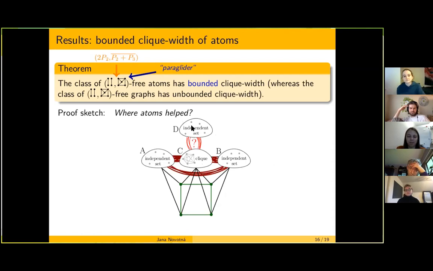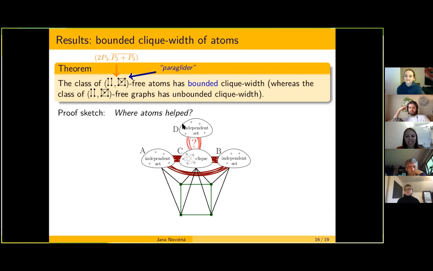We know that D has no edges into A and B, but we don't know anything about edges into C, and it's not enough for Clique-width to become unbounded. You saw an example with a split graph, which has an independent set, a clique and an arbitrary relation between them, and such a graph has unbounded Clique-width.